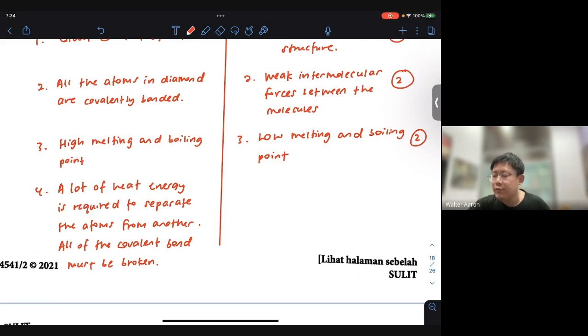However, for the other side, for the simple molecule methane, we're not breaking the covalent bonds, we're actually breaking the intermolecular forces like van der Waals forces.